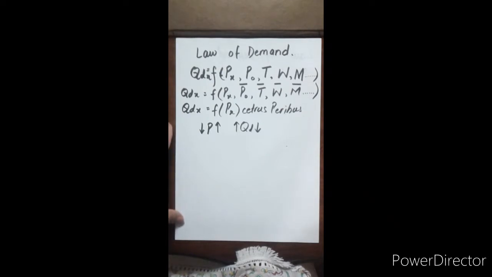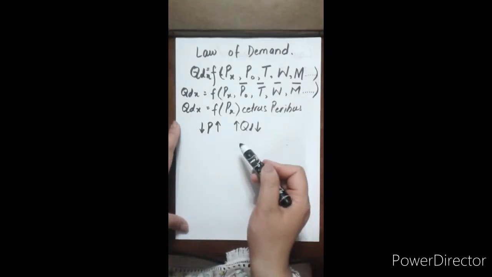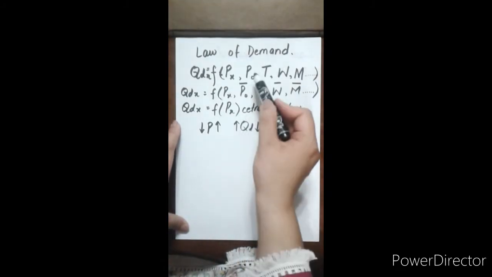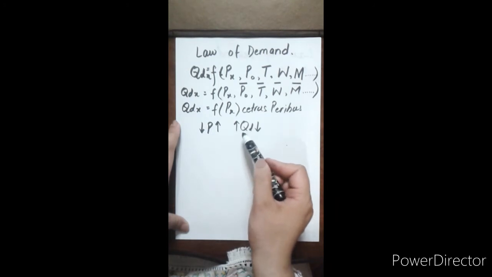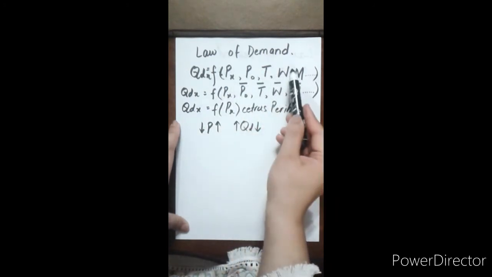Now I can show this concept with the help of a table or a schedule, and later on move on to a graph showing the demand curve. Before we move on to that, so far we have arrived at the statement of the law of demand.